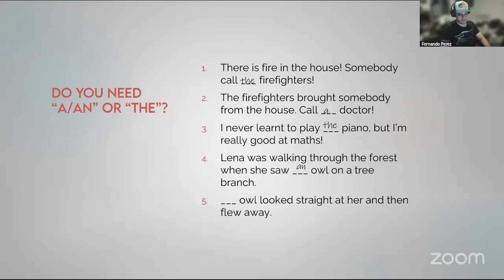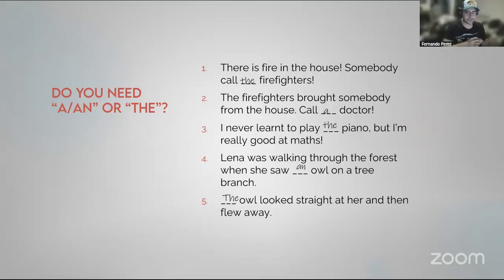This sentence is connected to the previous sentence. The owl looked straight at her and then flew away. The owl, because now we are talking about a specific owl.